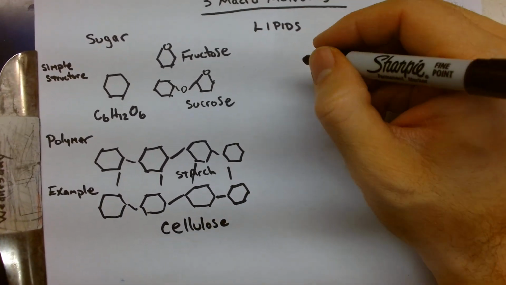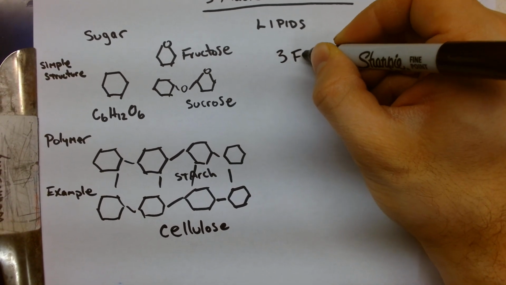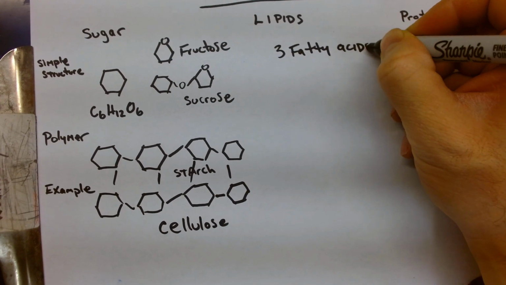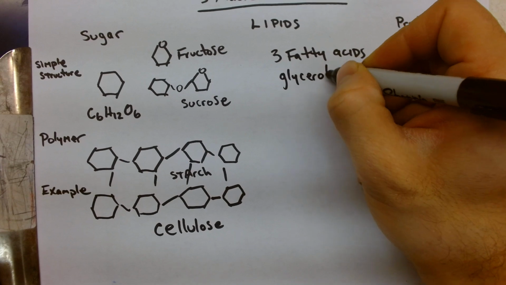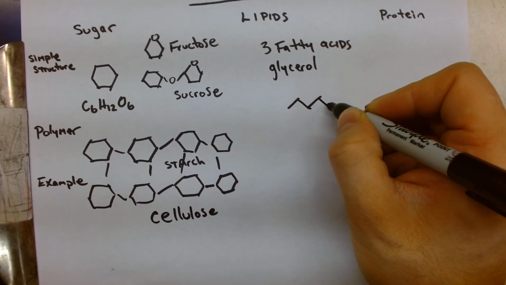Then we have our lipids, and lipids are going to be 3 fatty acids attached to a glycerol molecule. And I'm going to keep this pretty simple. You would think of a chain. I'm going to draw it very simply.